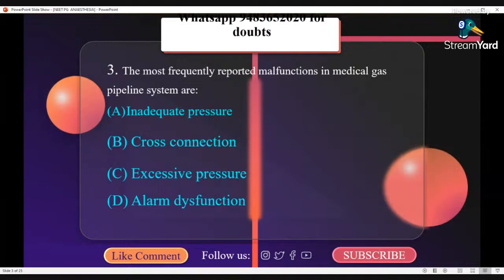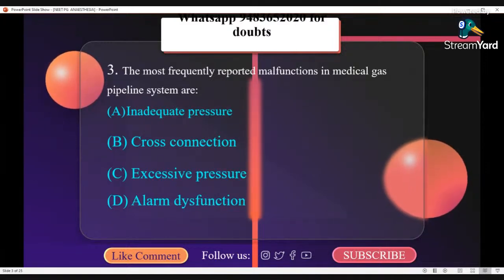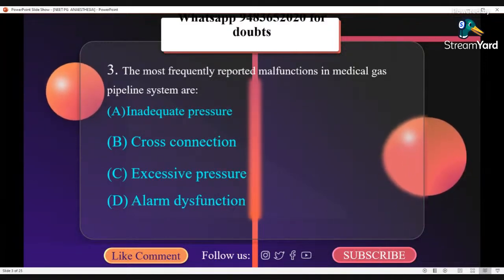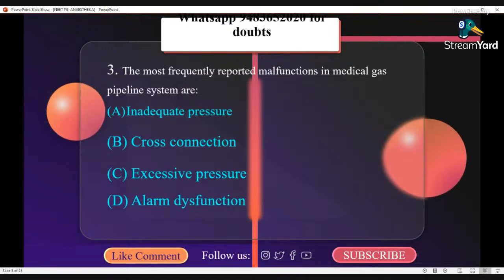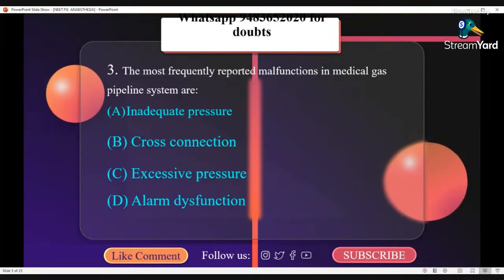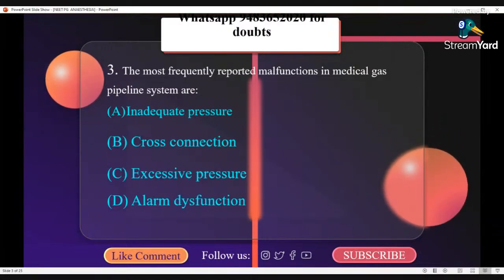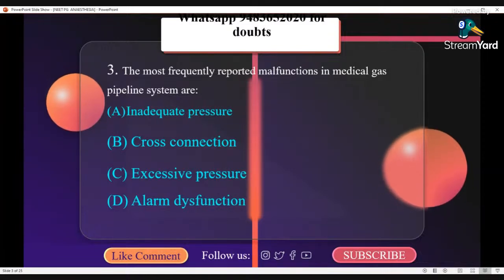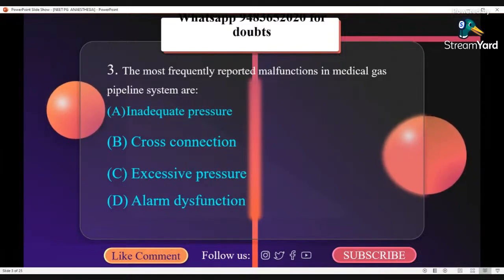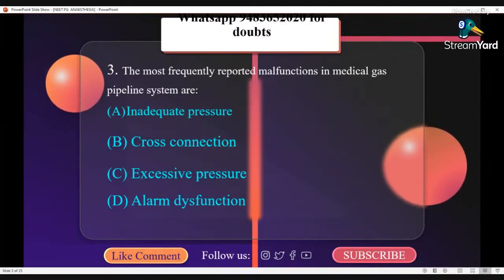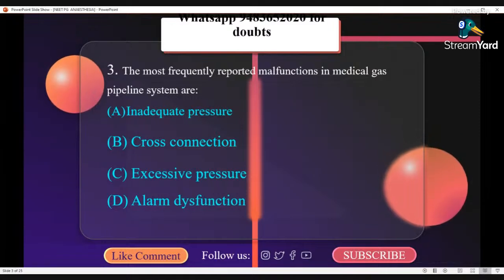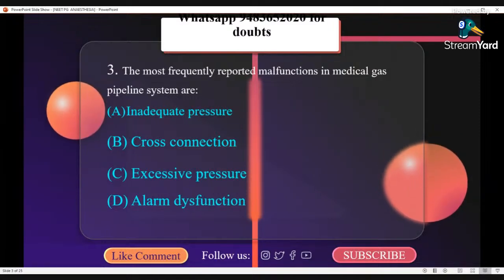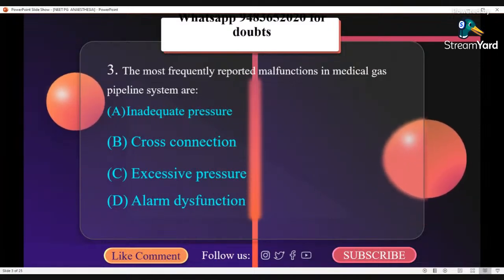Environmental problems such as earthquake, lightning, depletion of central supply. Human error can occur. There can be an accidental closure of a shut-off valve. Obstruction can occur. It is a pipeline system, so obstruction, kinking, and leak can occur.